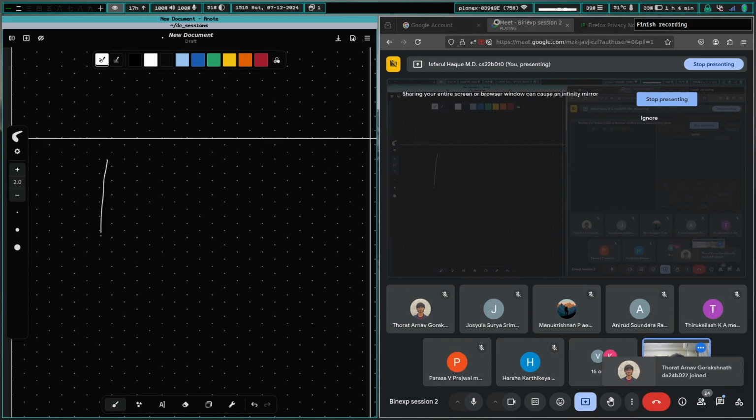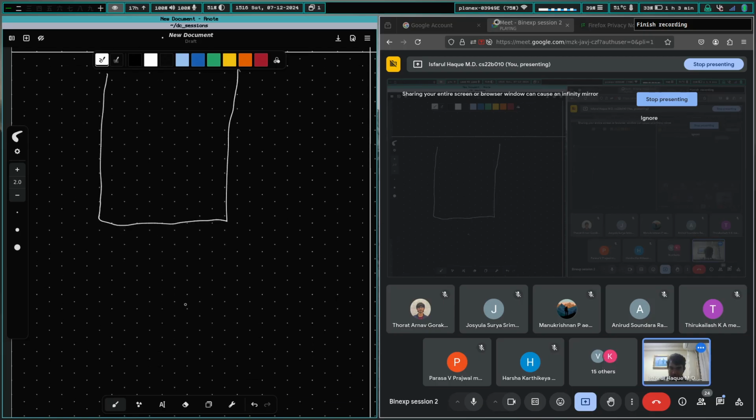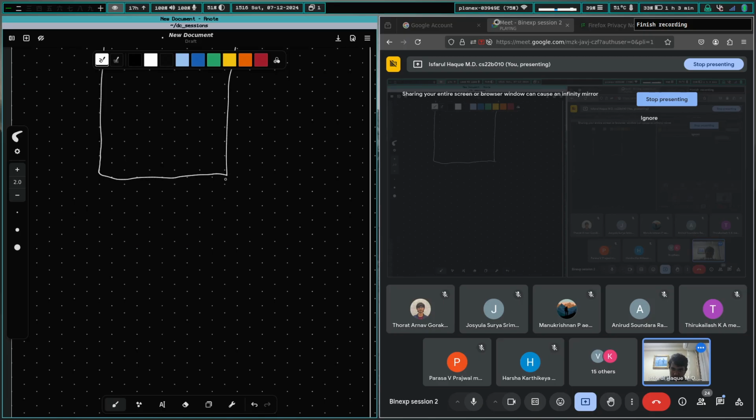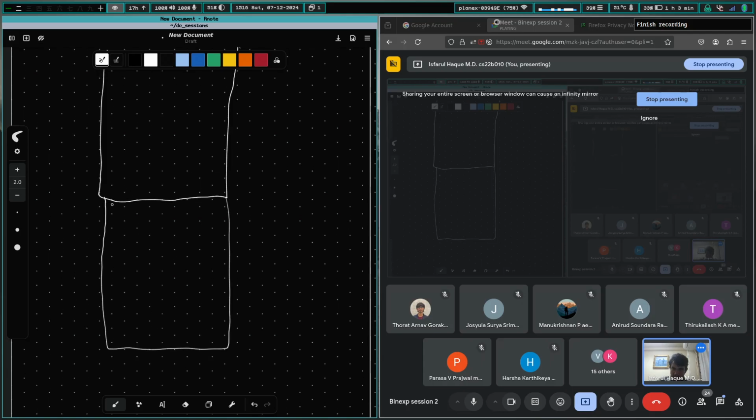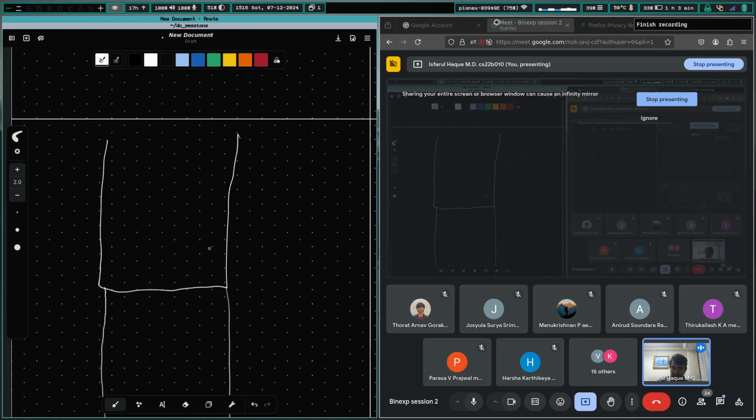As Abiza pointed out last time, this is main, this is F. I'll label it as the stack.